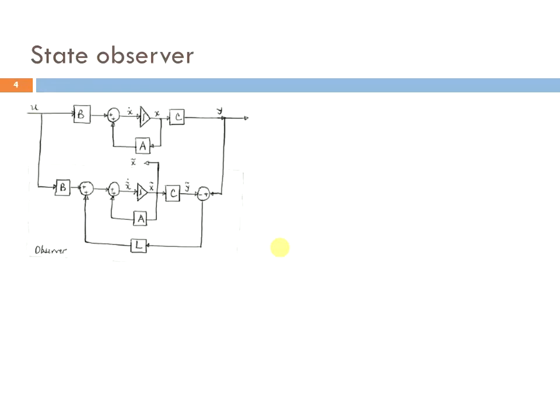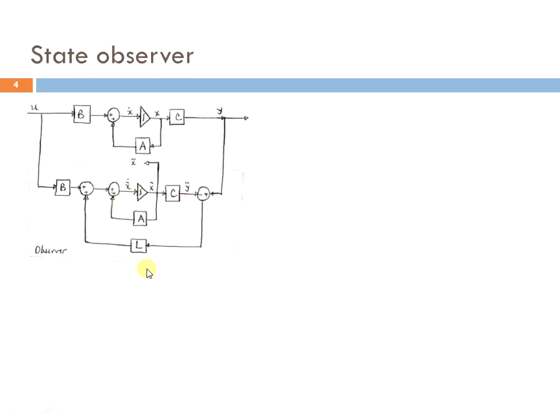We have a block diagram here representing a state space control system. We have a representation of the plant to be controlled on top, and at the bottom we've got an observer.